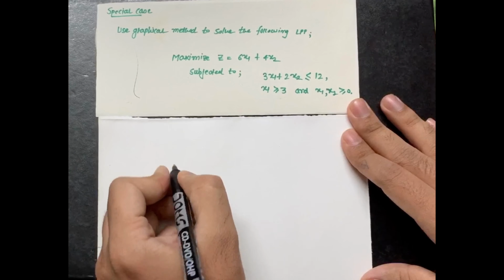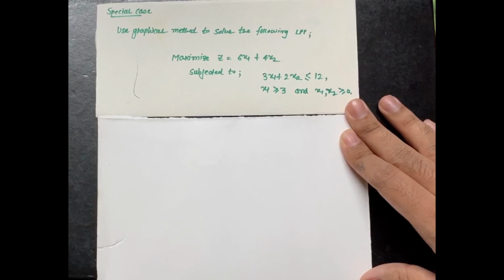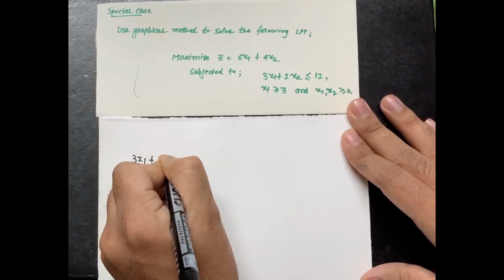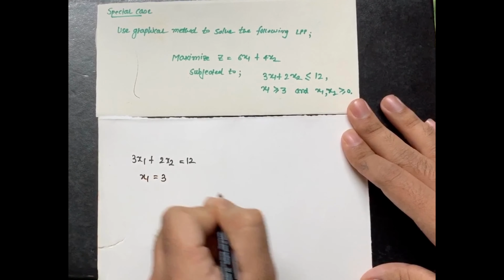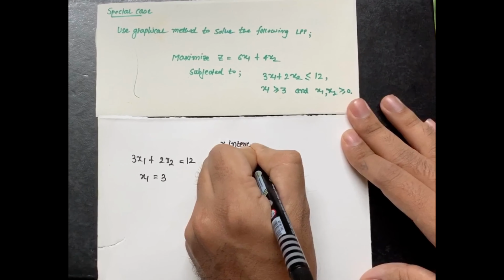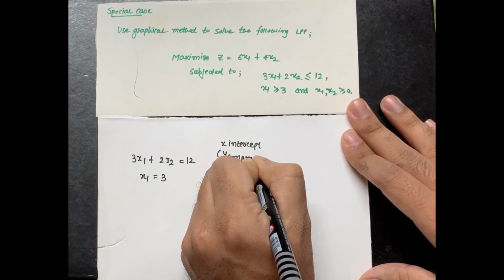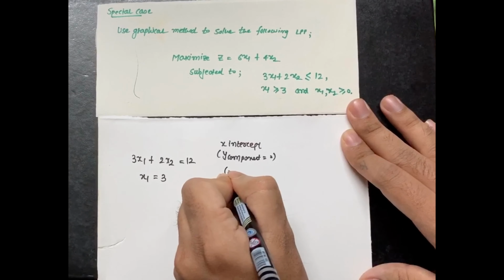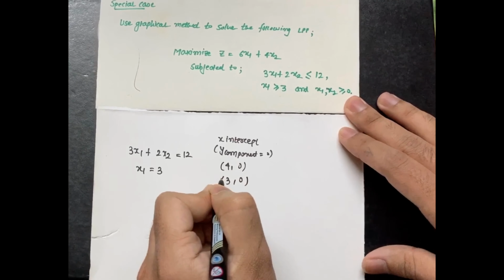So I am redefining the equations with the inequalities replaced by equal to signs. So 3x1 plus 2x2 equals 12, and x1 equals 3. For the x intercept, taking the y component as 0: if I take x2 as 0, it gives me the coordinate 4, 0, and this is 3, 0.